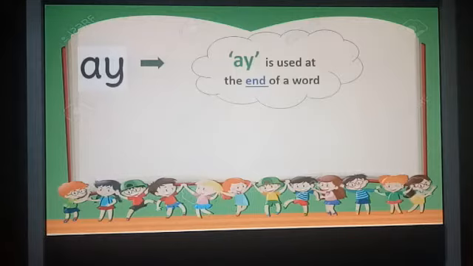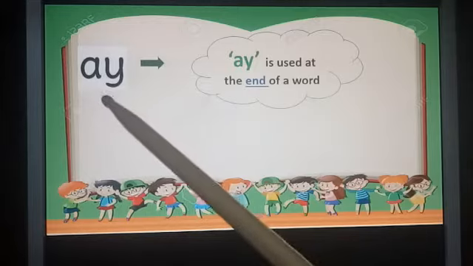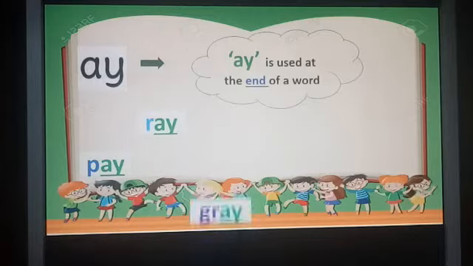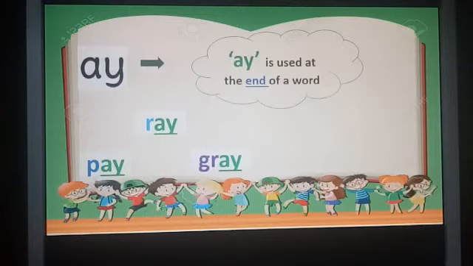When the A sound is a long vowel and is heard at the end of a word, you have to use AY. Now let us see a few words. Pay. Ray. Gray.